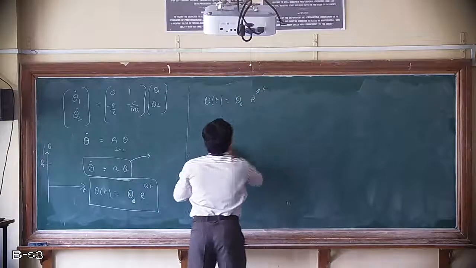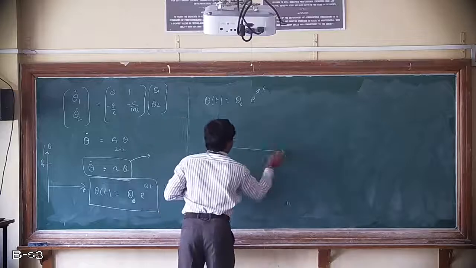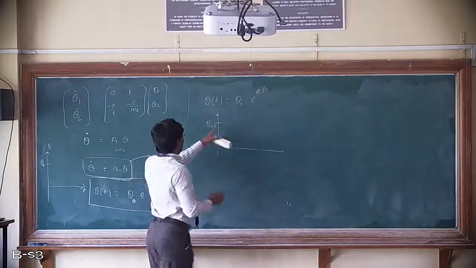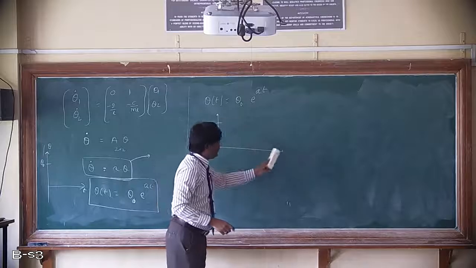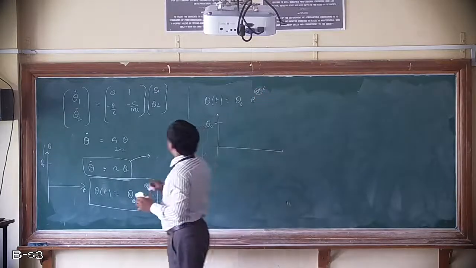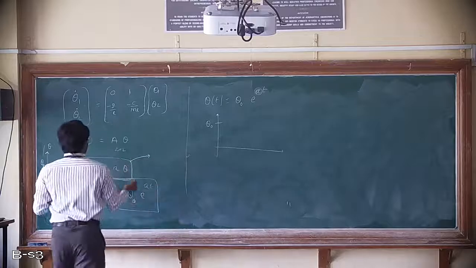So the response at t is equal to 0 is theta naught. From here, how it will respond depends on the constant A.